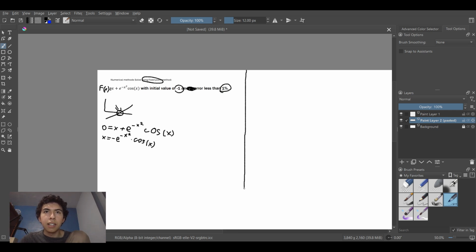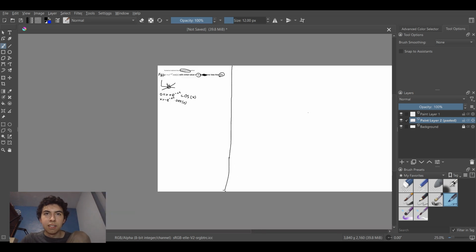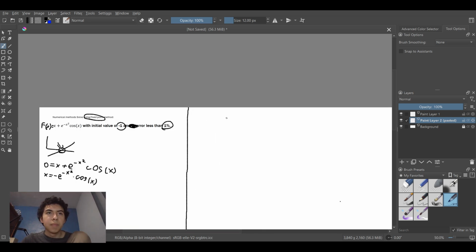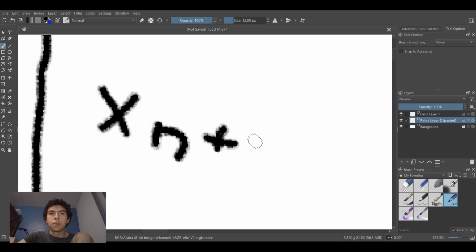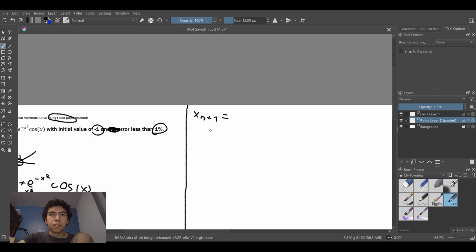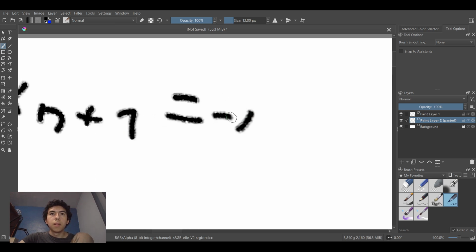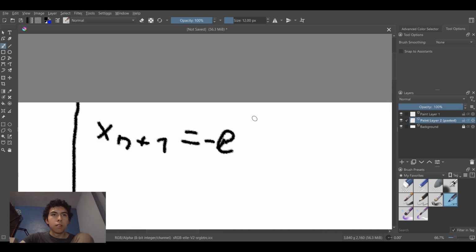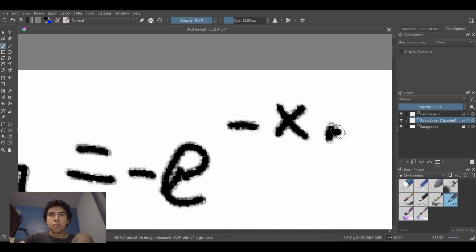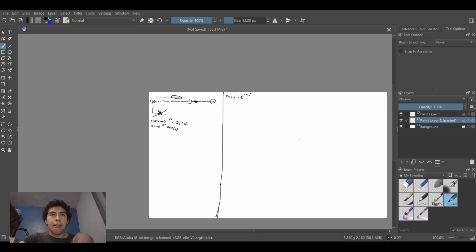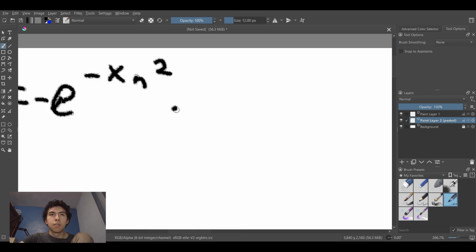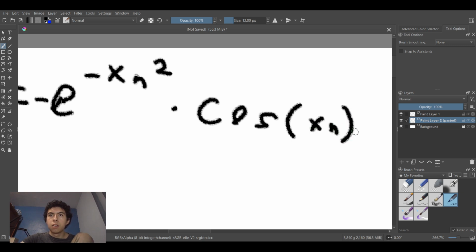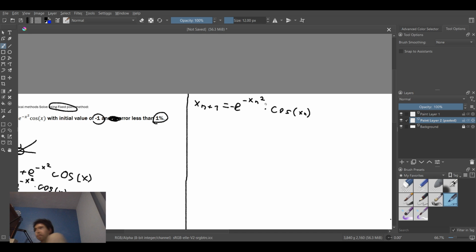So we make a line here and write our function: x n plus 1 equals minus e to the minus x n squared times cos of x n, and that's it.